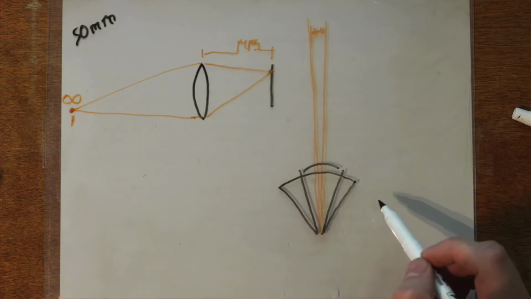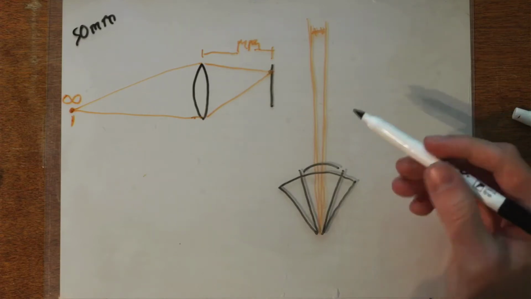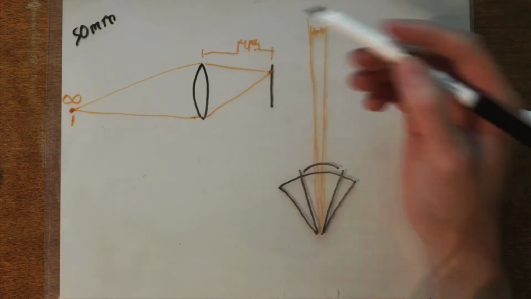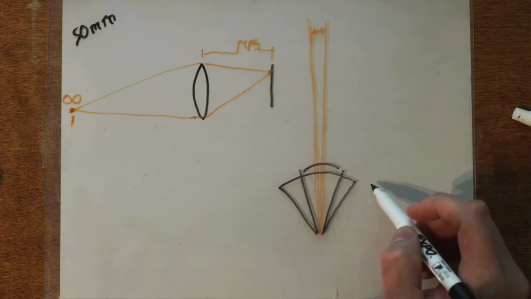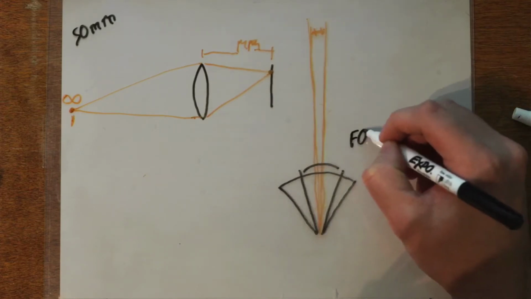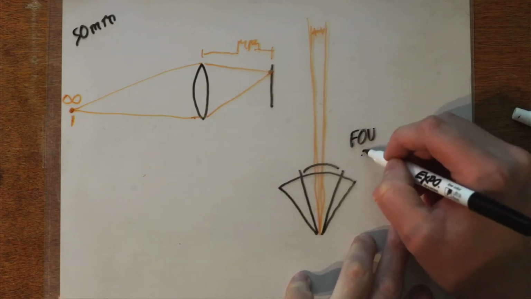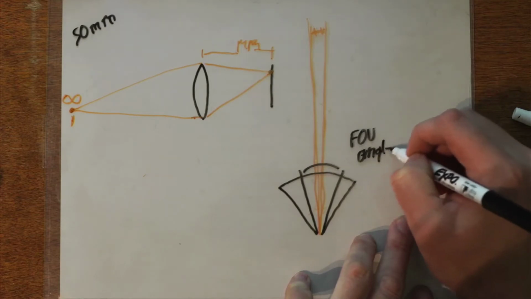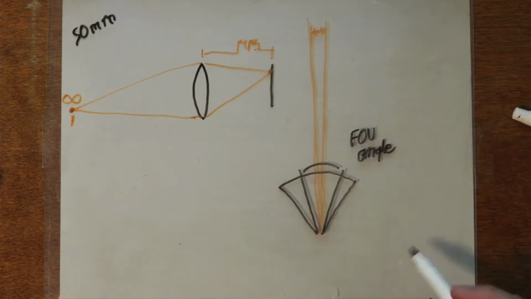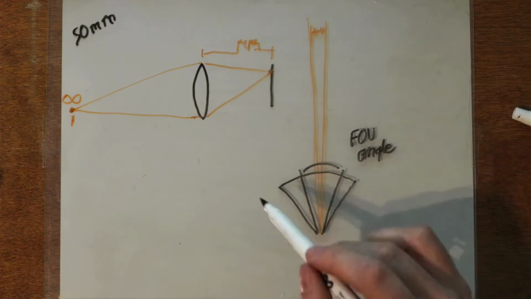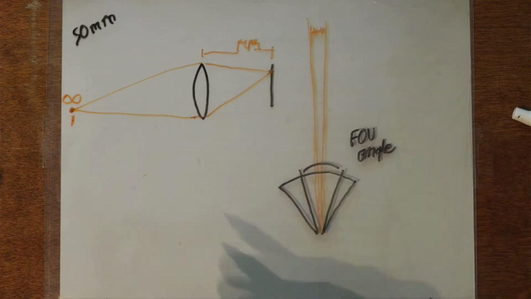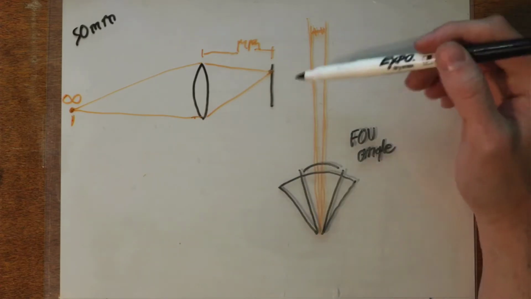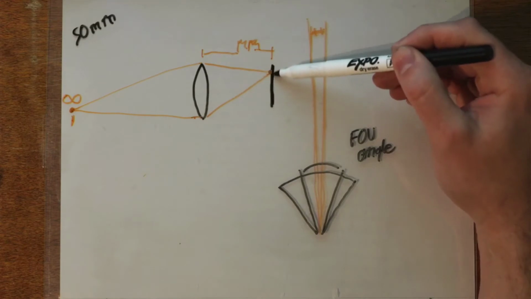Now, there are calculators that will transfer the millimeter rating of a lens to the angle of view, the field of view. The math is weird. I'm not going to deal with it today. It also depends on how big the sensor is.